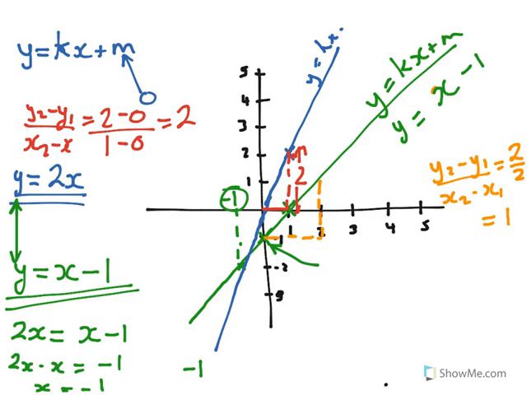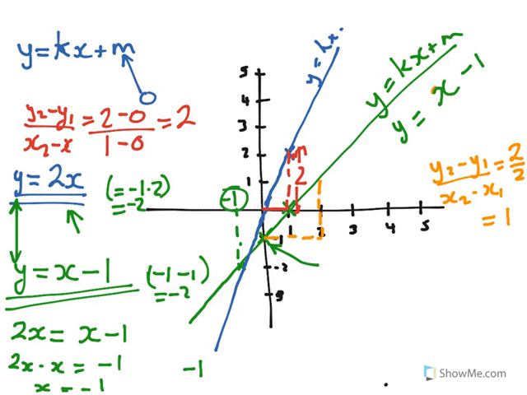Now that we know that the x-coordinate where these two lines cross is minus 1, we can substitute that back into either of the y equations to get the y coordinate. If we put x equals minus 1 here, we get y equals minus 1 times 2, which equals minus 2. If we put x equals minus 1 into this equation, we get y equals minus 1 minus 1, which also equals minus 2.